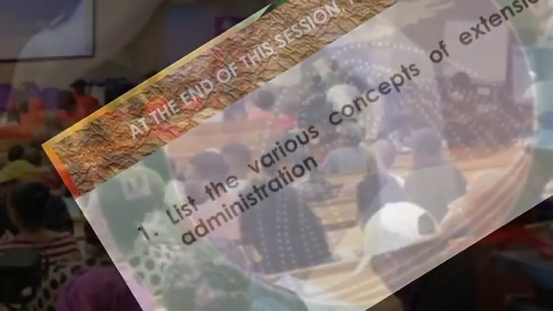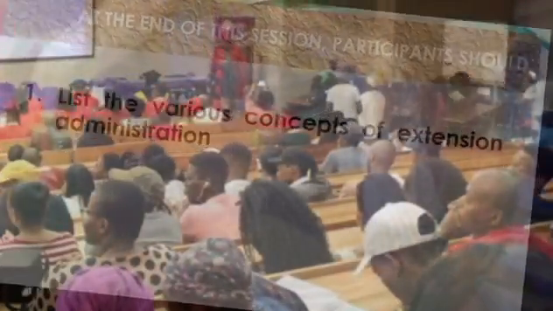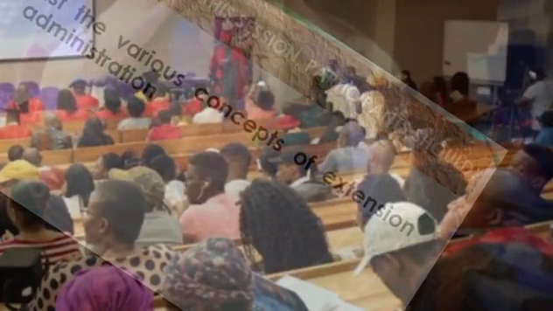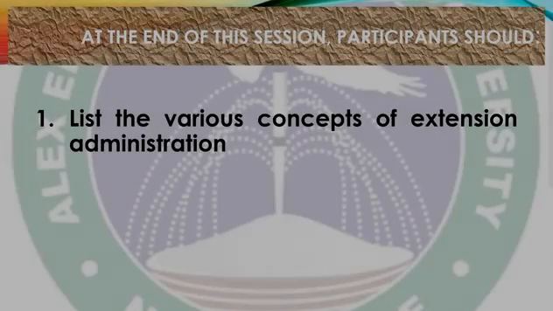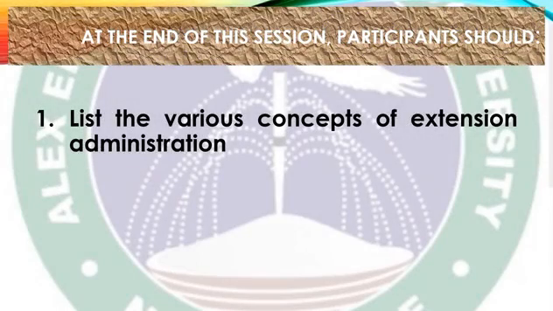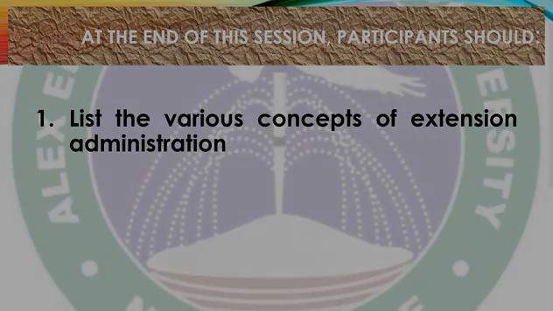At the end of this class, we expect that each and every one of you should be able to list the various concepts of extension administration. List as many as possible. It's not just because you want to pass your inception quiz, mid semester, or the final exam.